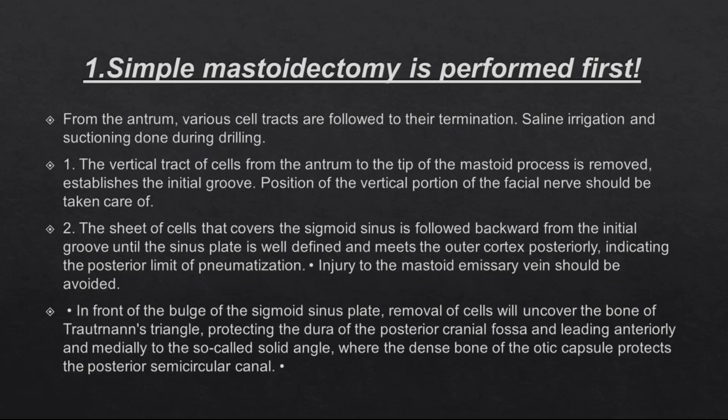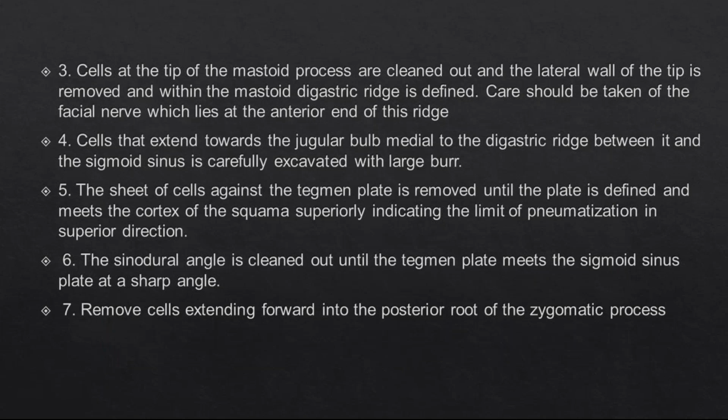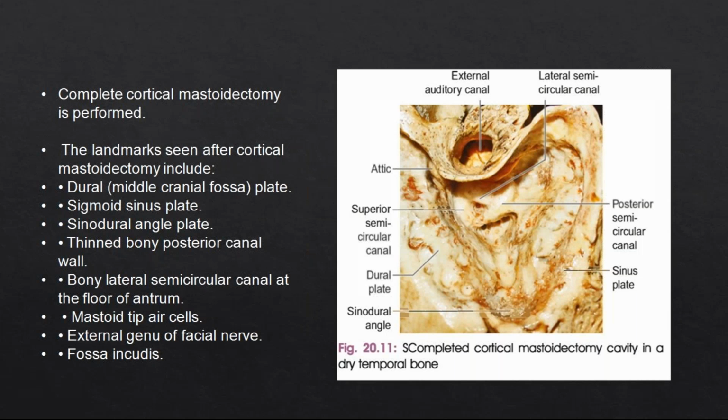First you have to do a simple mastoidectomy and then convert it into a modified radical mastoidectomy. The simple mastoidectomy we have discussed already, and here you can see a simple cortical mastoidectomy done.